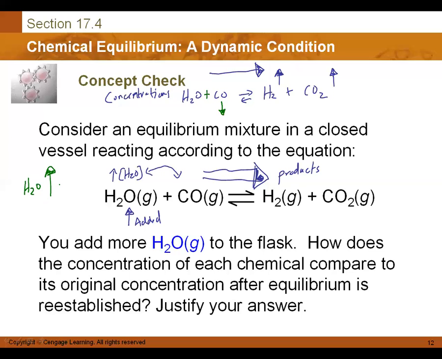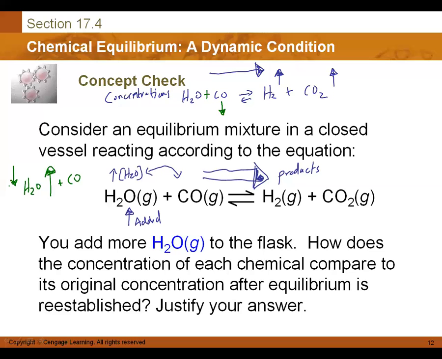But then once it starts reacting with the CO, you should start to see the H2O amount come back down. And in a lot of cases, if you were to do something like this in reality, you might actually see the H2O concentration end up higher than it started with. That's only because you added it, so you artificially raised the concentration.